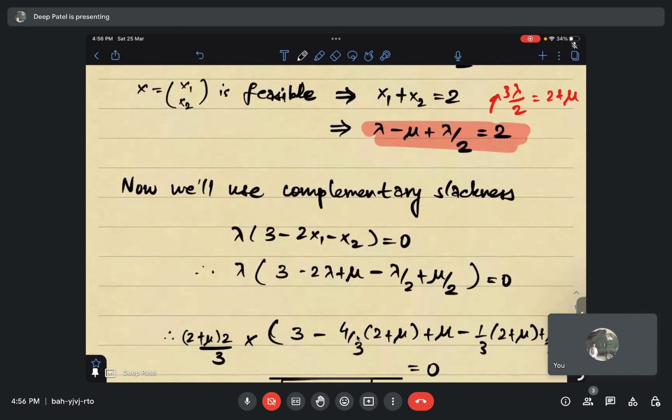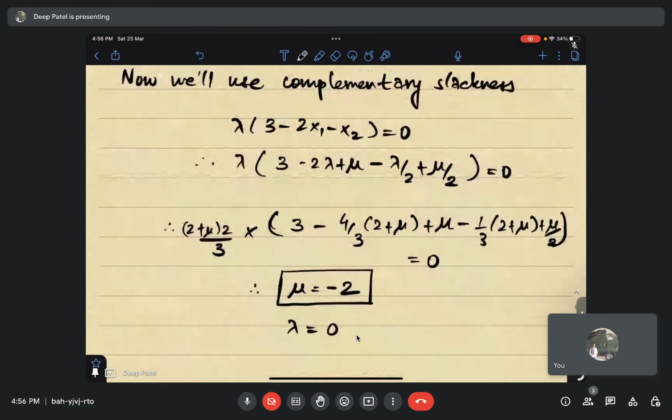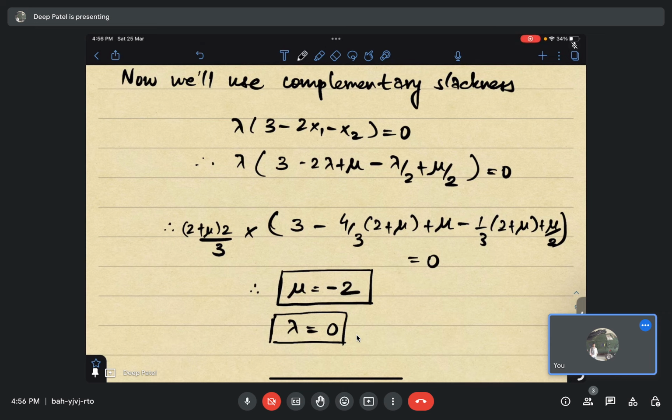If I put mu as minus 2, then lambda is 0. Obviously, since 2 plus mu is a factor, mu definitely is minus 2. That's one possible solution. Am I getting anything else? I think everything else gets cancelled out. Does mu get cancelled out in the second factor?